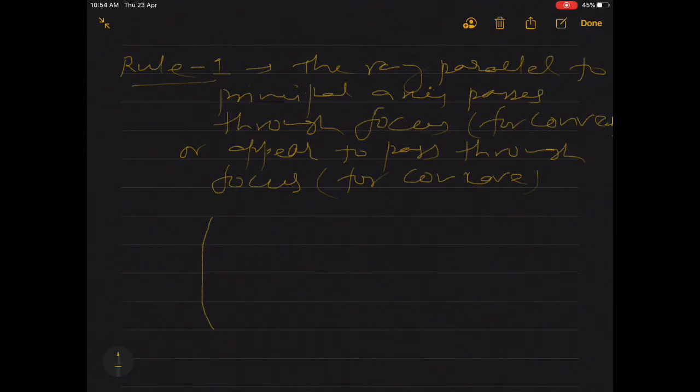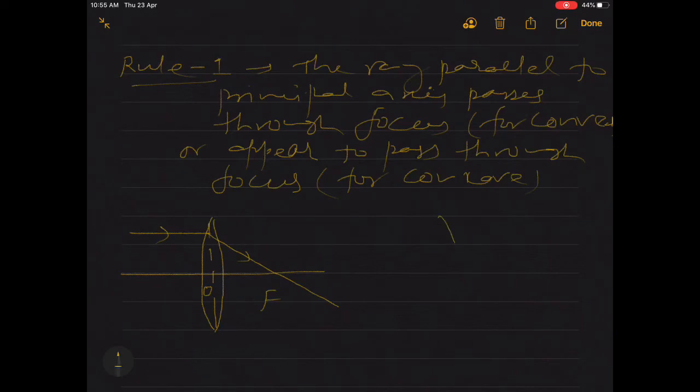Once again, I am taking the convex lens. This is the principal axis of the convex lens. This is one of the rays parallel to the principal axis. So after getting refracted, it passes through the focus.